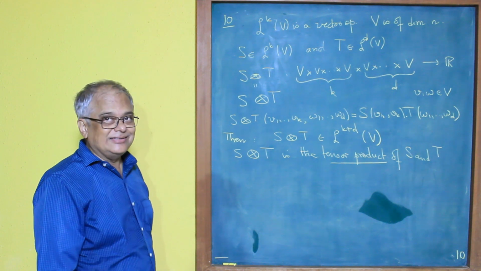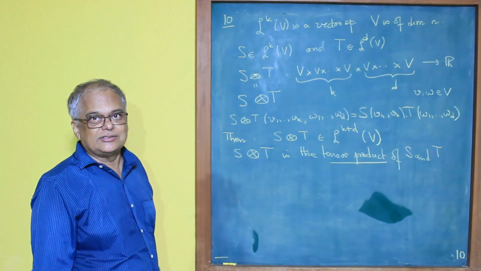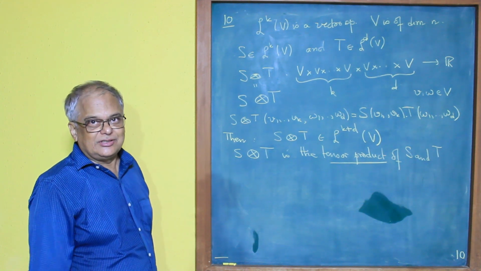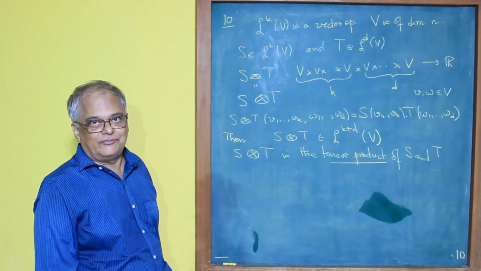Now this word tensor product is something that you will be coming across in a couple of different contexts. And the definitions of the tensor product that you're going to be coming across look as if they are different.